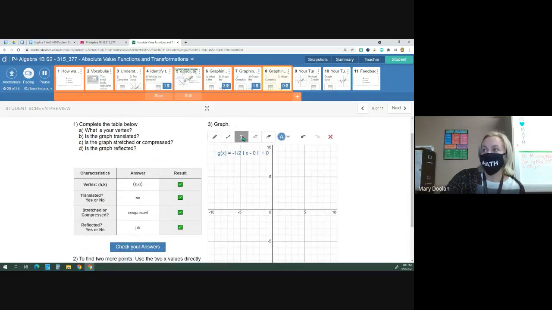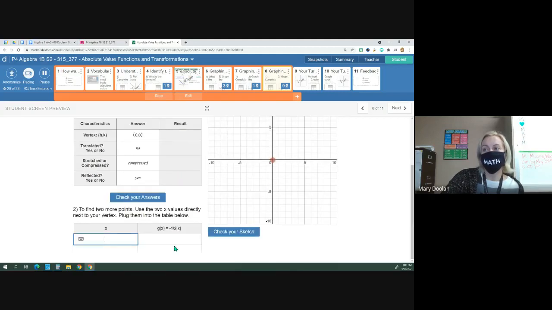So we know the vertex is 0, 0. There's our vertex. But because it's compressed, I can't just do the basic form of it, like up 1 over 1, up 1 over 1. So I need to use this table and pick some values of x to see what I would get. Maybe I'll pick 2.